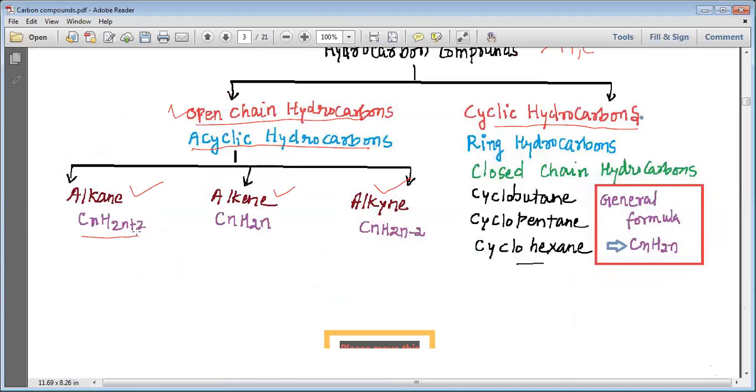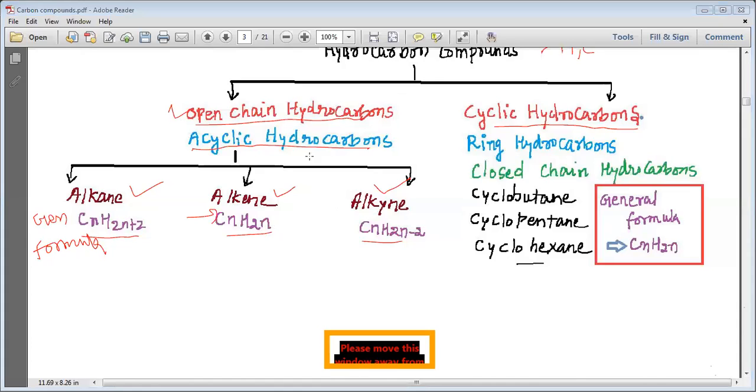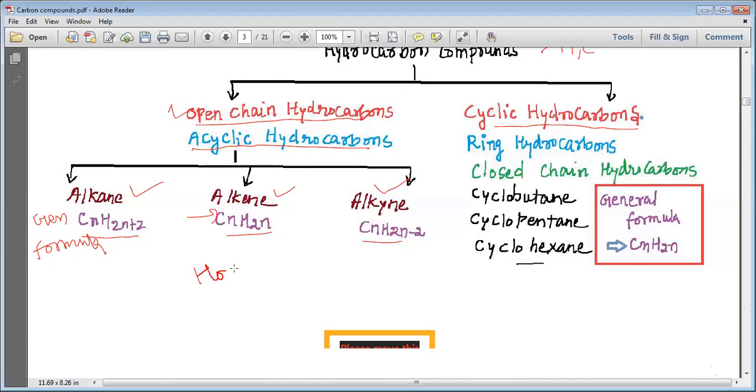Alkane has the general formula CnH2n plus 2, the general formula for alkene is CnH2n, and the general formula for alkyne is CnH2n minus 2. So this is how we study the open chain or acyclic hydrocarbons. For all of them, we have seen their homologous series, my dear students.